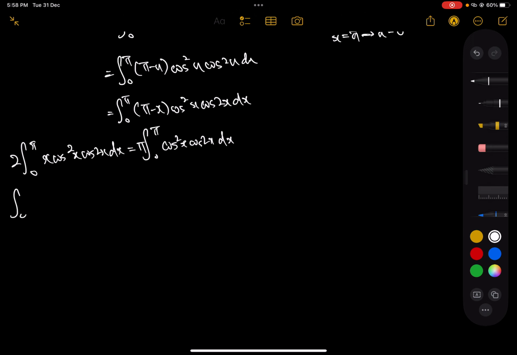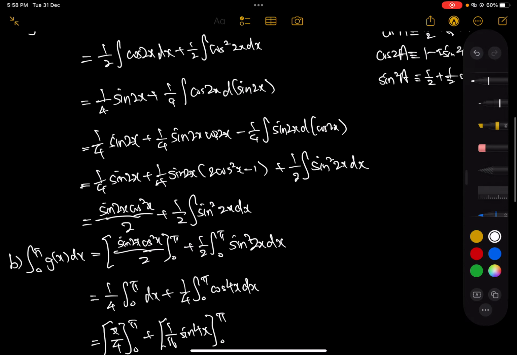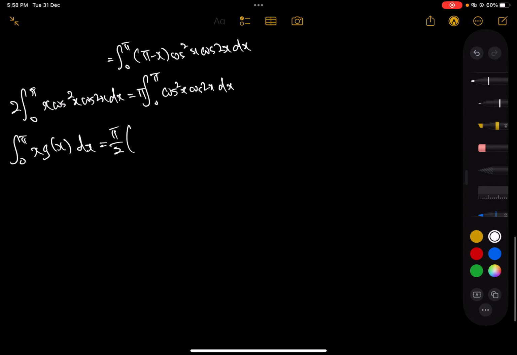So we have 0 to pi of x g x dx is equal to pi over 2 of the integral in b, which is pi over 4, which is just pi squared over 8. And that's it for part C.